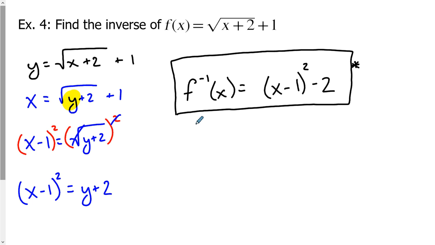We're not going to get into a lot of domain restrictions with you guys, even degree versus odd degree functions or roots. So we're just going to stick with the plan and accept this as the inverse, because for the most part, it is. There are just teeny tiny little rules that we would have to apply if we wanted it to be 100%, but we'll be good with this for today.